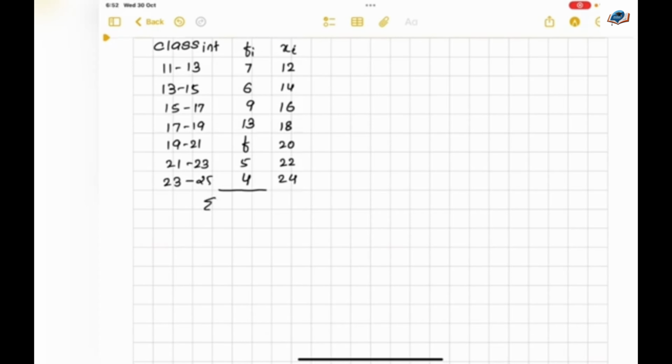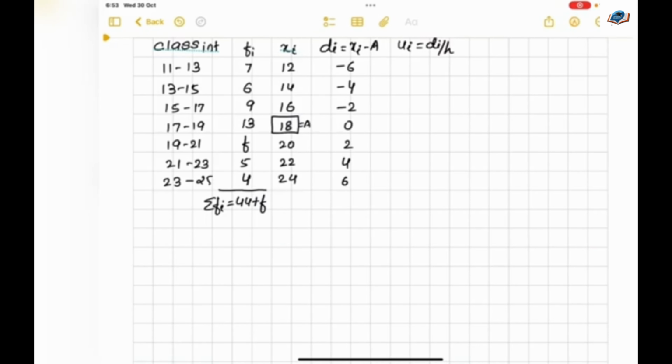So if I do sigma fi, I will have 44 plus f. Now di I am finding, so that will be xi minus a. Let me select a, so I am selecting 18 as a. So 12 minus 18 will be minus 6, 14 minus 18 will be minus 4, minus 2, 0, 2, 4, 6. Now ui equal to di by h.